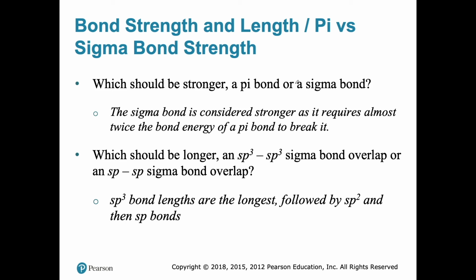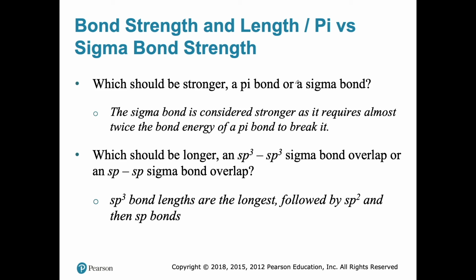And then the other question is, which should be longer, an sp3 sigma bond overlap or an sp sigma bond overlap? So sp3 bond lengths are the longest, because remember, single bonds are the longest bonds, and the more bonds you get, the shorter it gets.